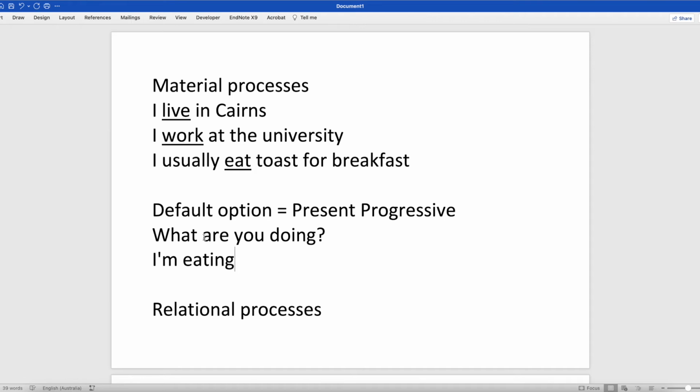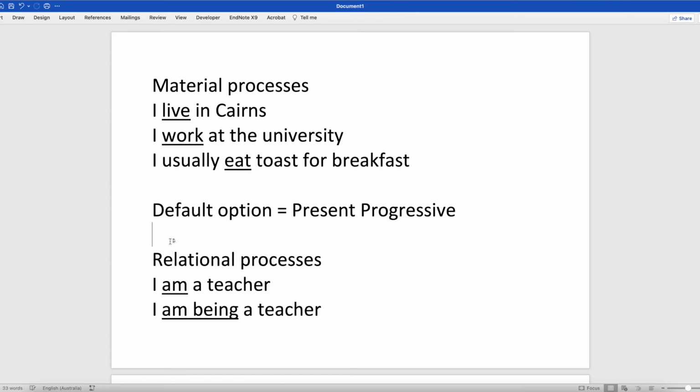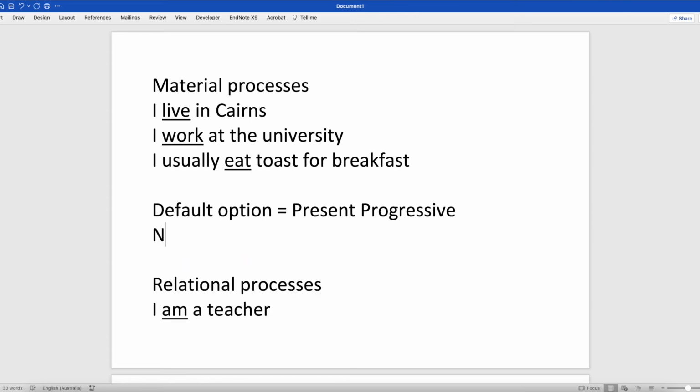If we take the non-default option, let's just call it non-default for now, I know it's not a great label, the non-default option is the simple present.